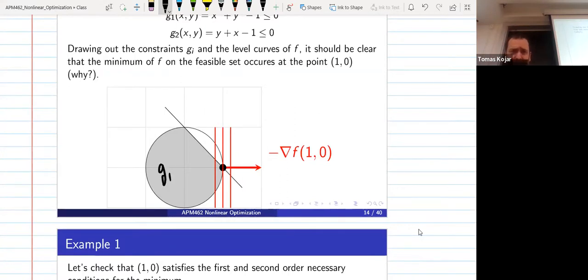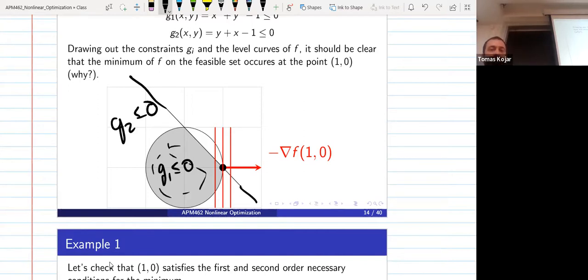Inside here you have G1 negative, and all the guys on the left of the line are G2 negative. So they only intersect in this half moon. This is the feasible set.